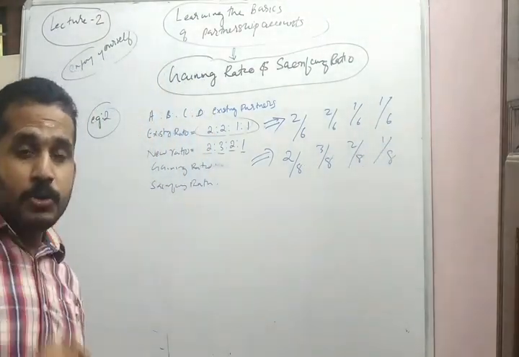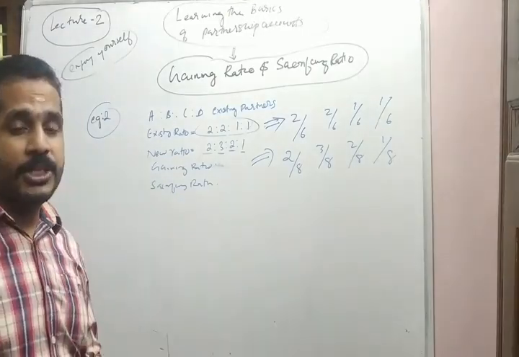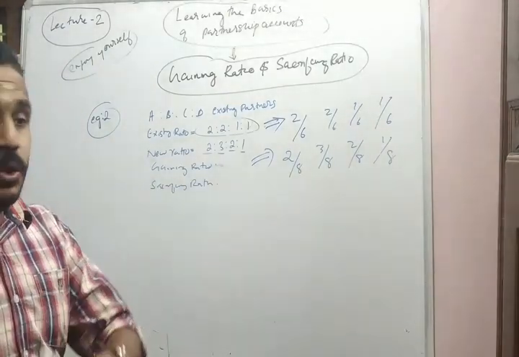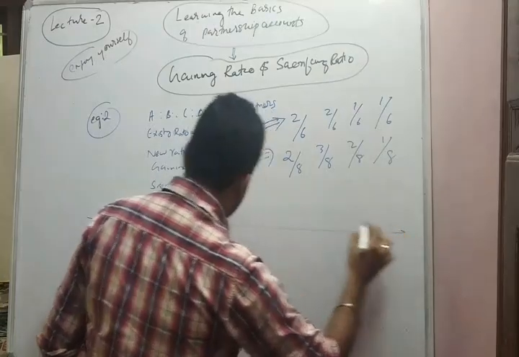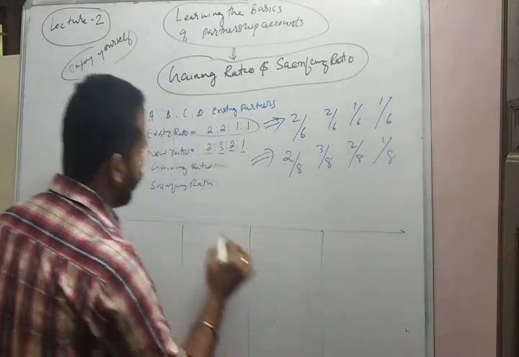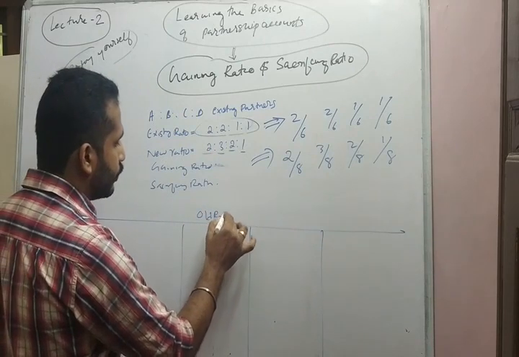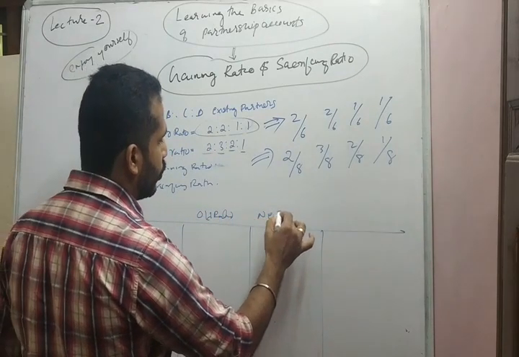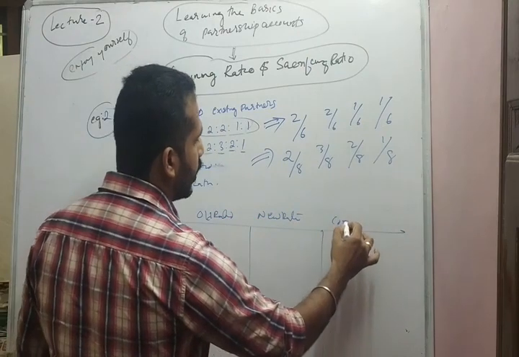So how should we compute the sacrificing ratio and gaining ratio? Compare the old ratio with the new ratio. So let us move on to the solution of the illustration: old ratio, new ratio and the computation.